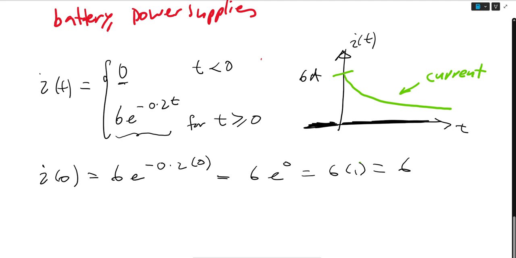And given different points in t, let's say 1, 2, which is normally milliseconds, you can get the different values of your current.